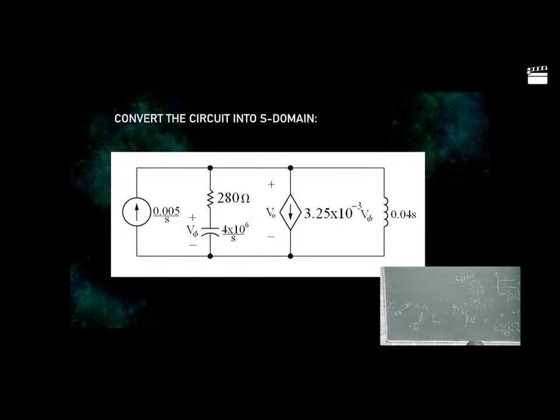Now the KCL equation, what will it be? 0.005 by S equal to V0 by 280, plus V0 by 4 into 10 power minus 6 by S, plus V0 by 0.004 S. Can you understand this equation?